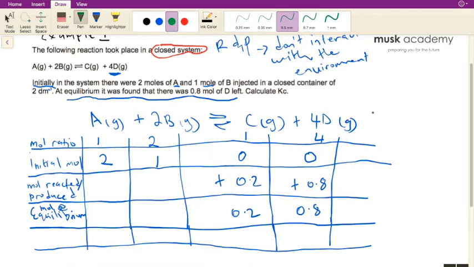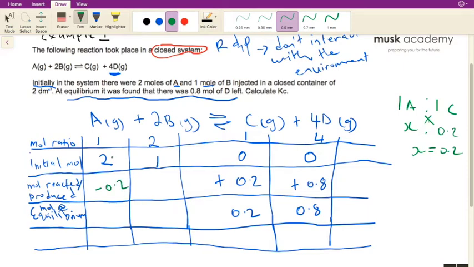You're going to say, for every 1 mole of A that reacts, there is 1 mole of C that is formed, right? So if 0.2 moles of C are formed, how much did you react of A? So you do a cross multiplication again. 1 times X is X, 0.2 times 1 is 0.2. You can also use A and D, it doesn't matter, you get the same answer. So here you'll have the number of moles being minus 0.2.